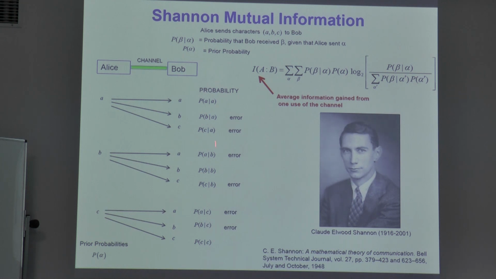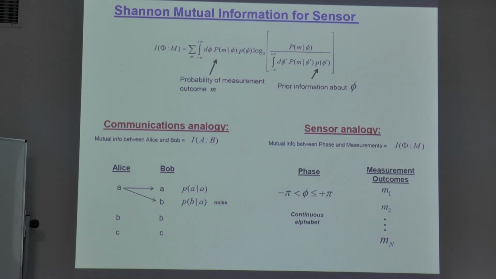So this experiment is described by these conditional probabilities, and there is a Shannon mutual information formula in which these probabilities enter here, here, here, and these are a priori probabilities, the probability of Alice sending either of these characters. Shannon developed this in, of course, it's very well known, 1948.